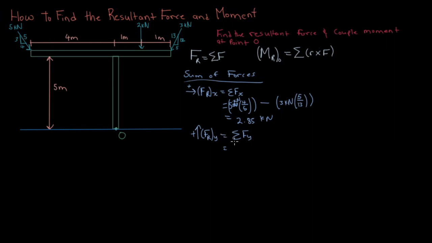We'll start with the 5 kilonewton force. What is the y component of this force? As you can see, it's 3 over 5. So we multiply 5 kilonewtons times 3 over 5.